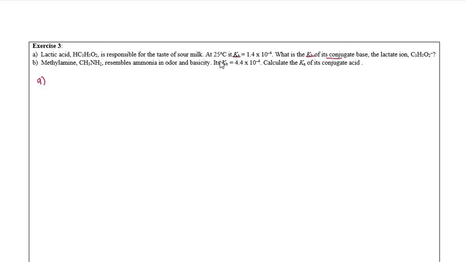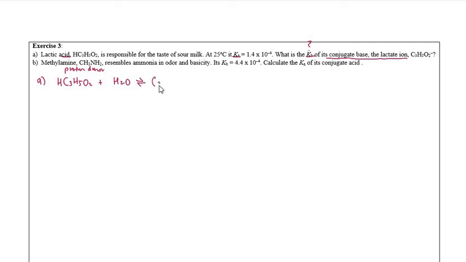Ka has been given. We want to find Kb here. First of all, I want to ask, why is the lactate ion called the conjugate base? If we write the lactic acid dissociation, C3H5O2H here, this is your acid. That means it is the proton donor.